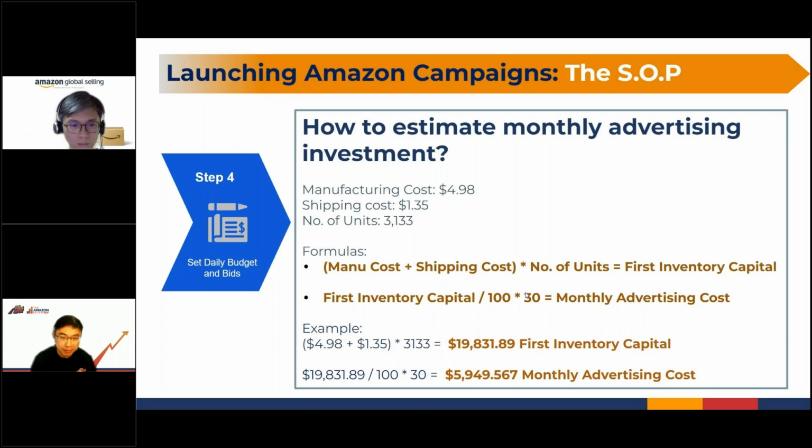So divide by 100, then I times 30, to make it monthly. So a very good estimation here is based on this exact formula, though your numbers will be lower or higher depending on your product market. Okay, but this is just an example here. The first capital, we spend 20,000 USD. Then we use this formula, we can actually expect to spend about $6,000 every month on advertising money.